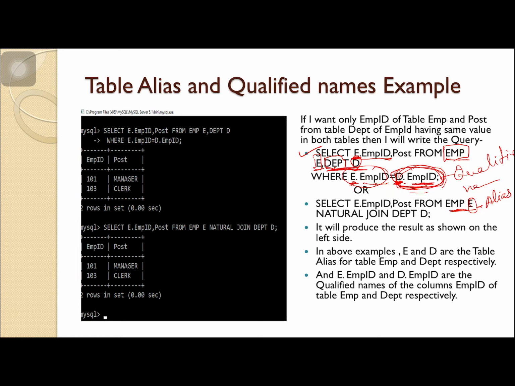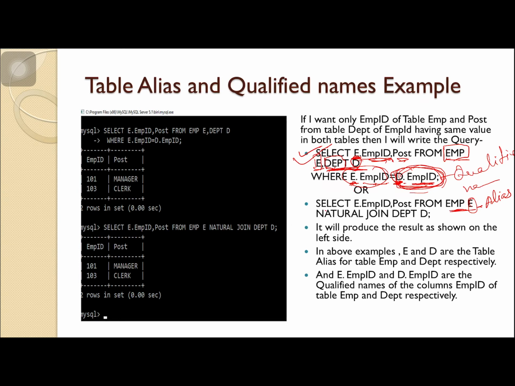So if we want only the employee ID of table employee and post from the table department, having the same value in the employee ID, then we have to write the query select e dot employee ID comma post from employee E comma department D, where e dot employee ID equals to d dot employee ID.